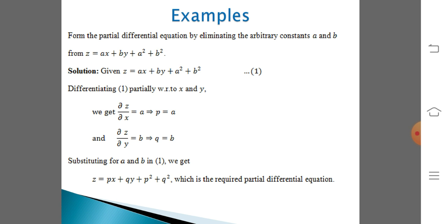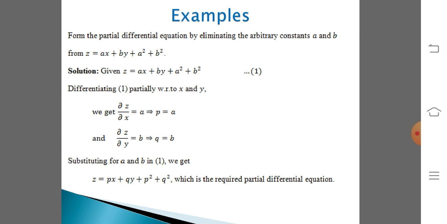Similarly, if we differentiate equation 1 partially with respect to y, we get dou z by dou y equal to b. But we denote dou z by dou y by q, so we have q equal to b. So we have got p equal to a and q equal to b.